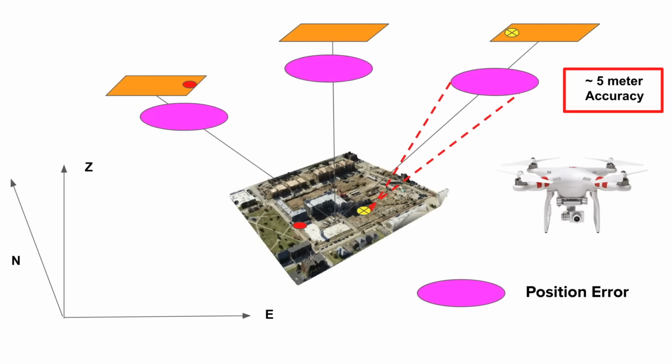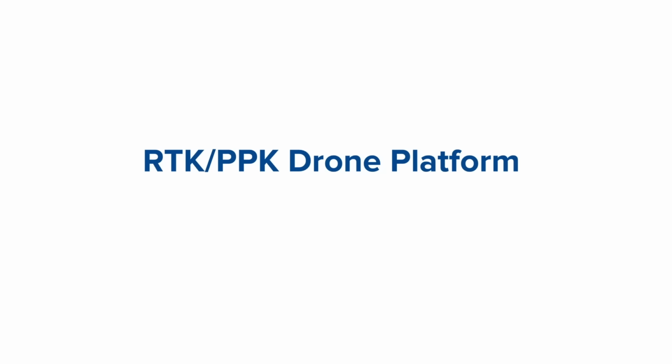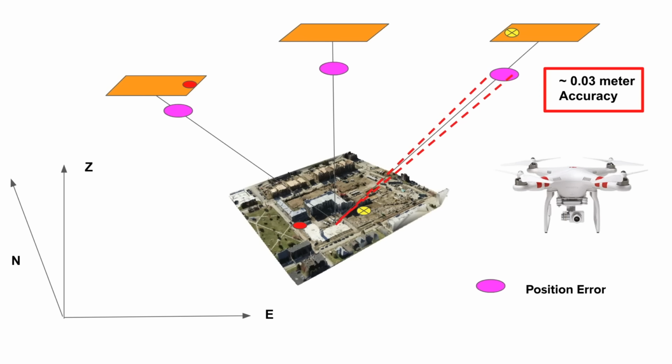Okay, so a standard drone platform like a DJI Phantom 4, you can see here on the right-hand side that the positional accuracy of the Phantom 4 and most other commercial drones is about 5 meters. Now with an RTK PPK drone platform, you're getting down to 2 centimeter accuracy on those position estimates.